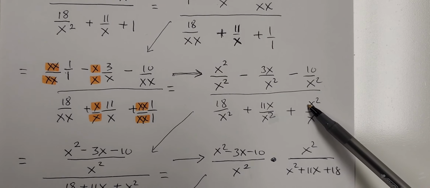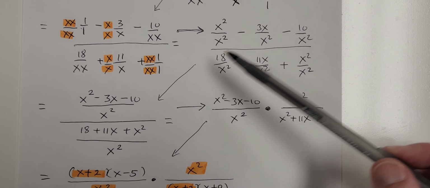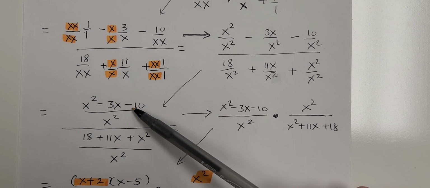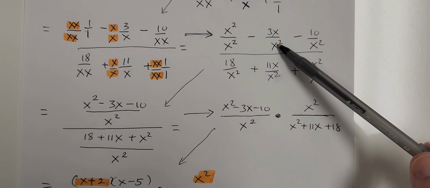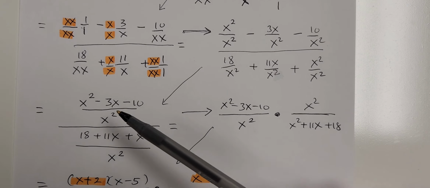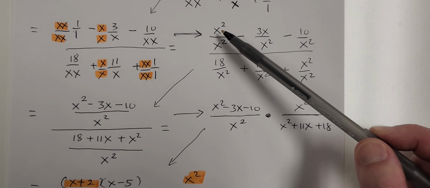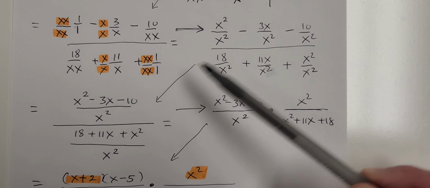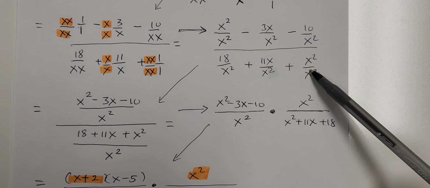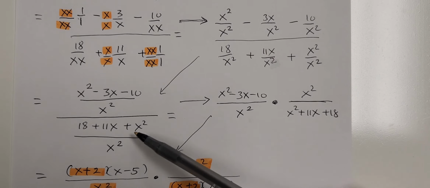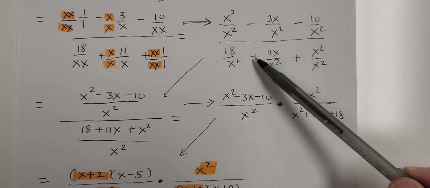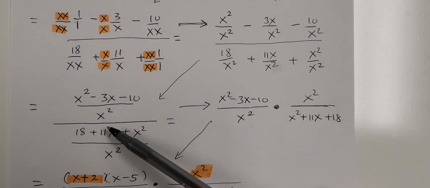Same thing as here, and then rewrite this into this portion right here. So because x squared, x squared, x squared are the same denominator, that goes here, and then x squared minus 3x minus 10 goes here. Same thing with the bottom, x squared, x squared, x squared, since the denominators are the same, it goes here, and then 18 plus 11x plus x squared goes here.